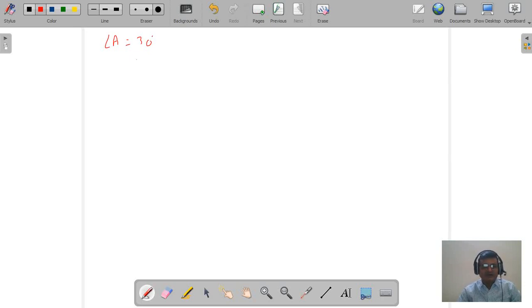For finding out the values of all the trigonometric ratios, we are going to make an equilateral triangle.